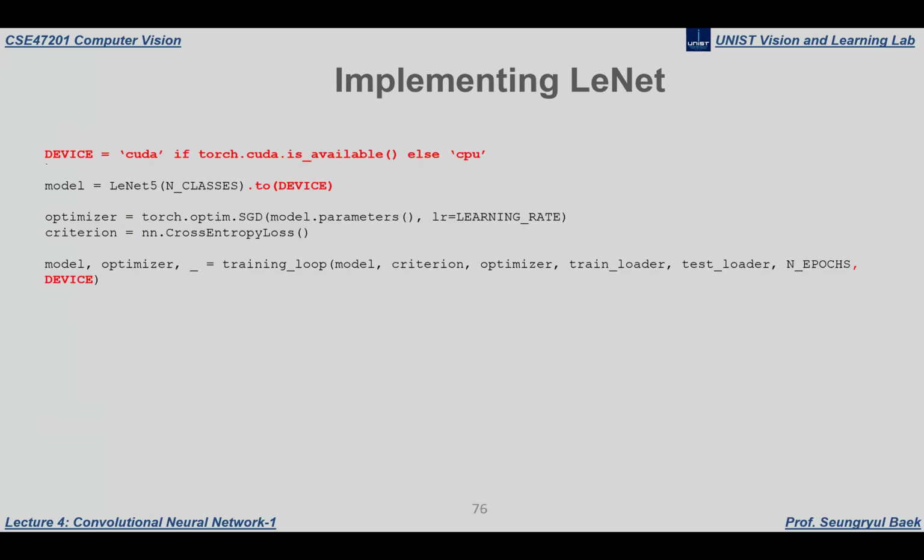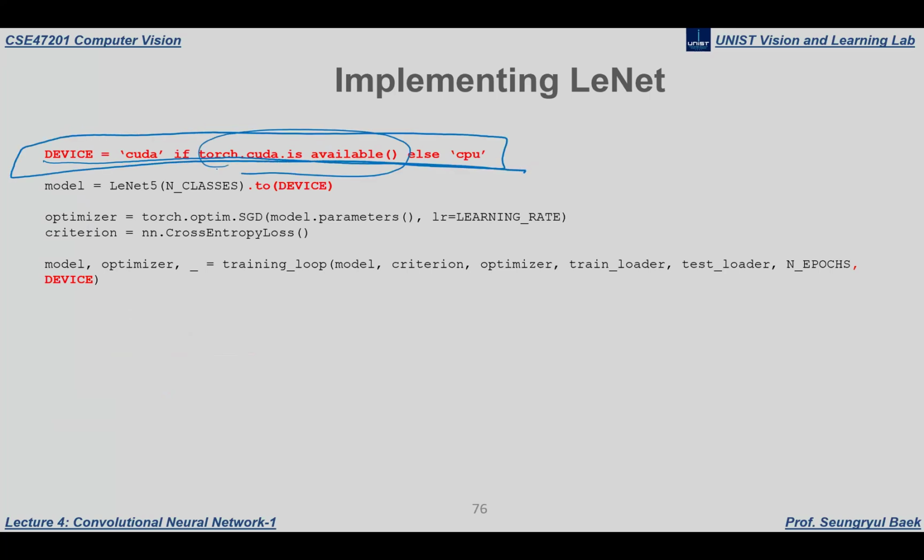And at the top, you are defining this device. When this flag is true, you will define this device as CUDA, which means GPU mode. Else, if this flag is false, then you will use only the CPU mode. And then you also have to copy your model to the GPU.